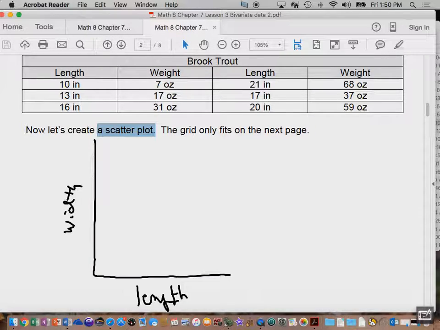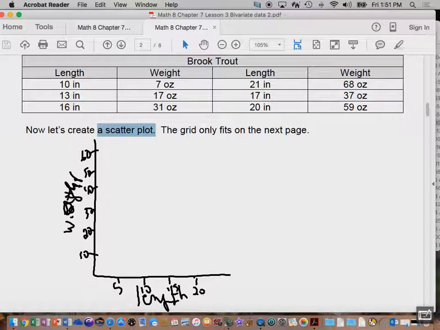And I'm looking at the numbers, and the weight seems to go to 60, so I'll go 10, 20, 30, 40, 50, 60. And the length seems to go up to about 20, so let's go 5, 10, 15, 20. Now, for a scatter plot, this is pretty easy. I just make a dot around where it goes.